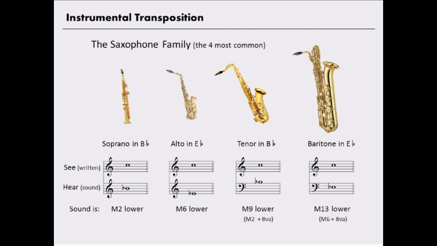Transposition allows the instrument to sound where it best fits the size and timbre or tone color of the instrument, but it simplifies the fingerings and the notation so all the instruments in the family can be played with the same basic fingerings. The same idea applies to the trumpet family, the clarinet family, and a few others. Rather than make the players learn lots of different fingerings or transpose music on the fly, the transposition happens during the composition or arranging phase, and that just makes things easier and more consistent for the players.